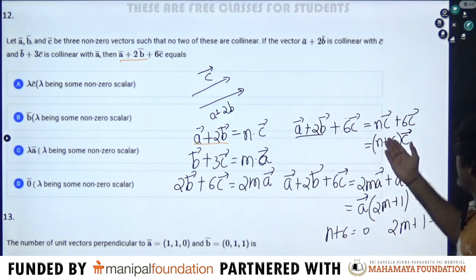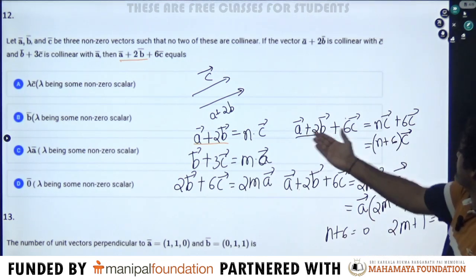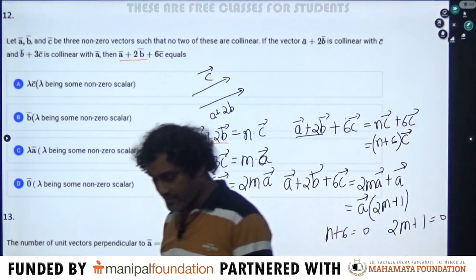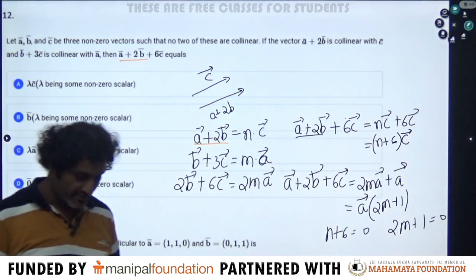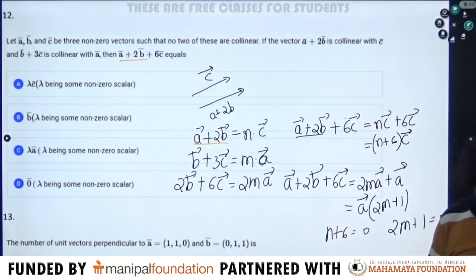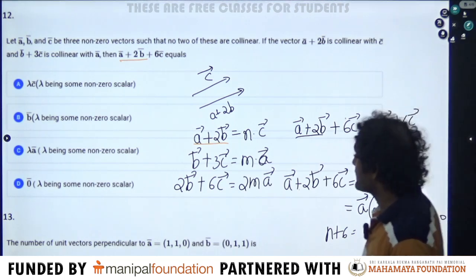If this and this are 0, put 0 here. Isn't it a plus 2b plus 6c is 0? Done. So that's the answer, okay? Is that fine?